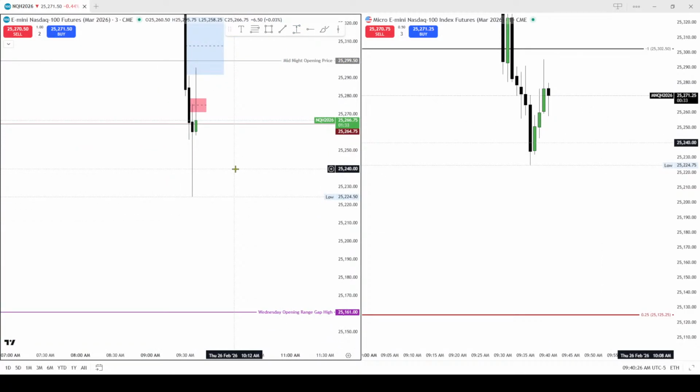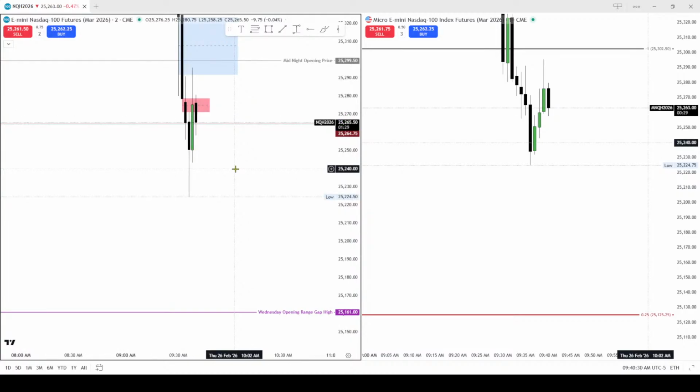So I'm just watching how price is trading here. We reach up into a 3-minute fair value gap.